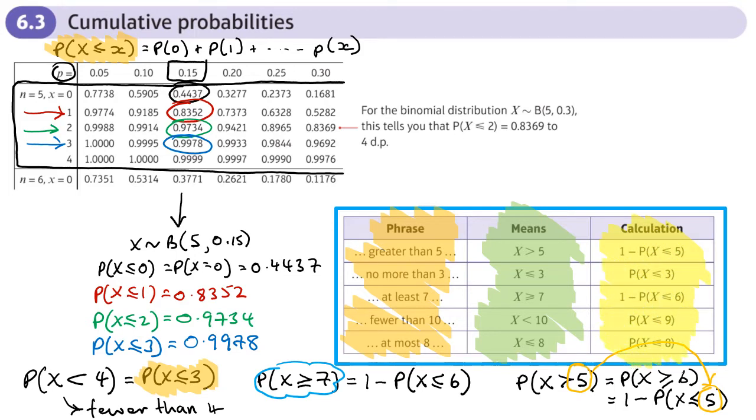Now you don't need to memorize this table, but be careful when you're working out these greater than or equal to probabilities. Take each question at a time, think of what it means. If it helps, draw a number line and use that to help you work out the probability that you want.